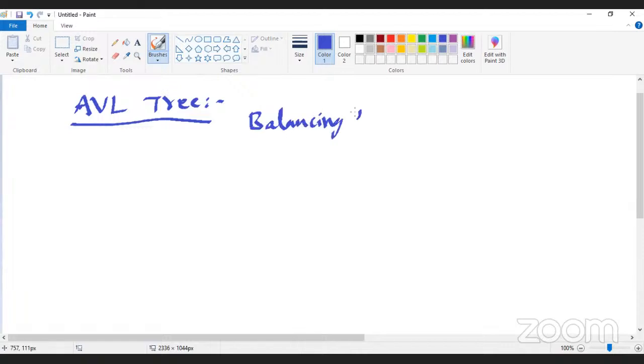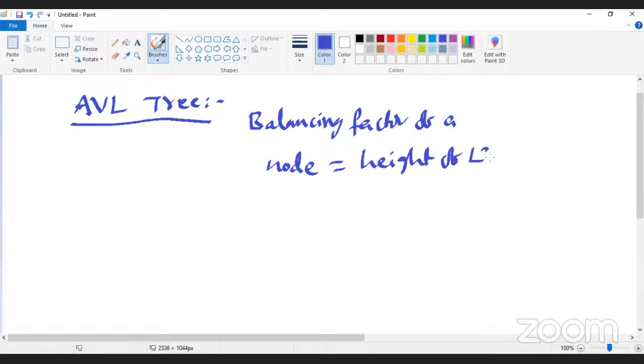The balancing factor of a node is equal to the height of the left subtree minus the height of the right subtree. This is the formula.